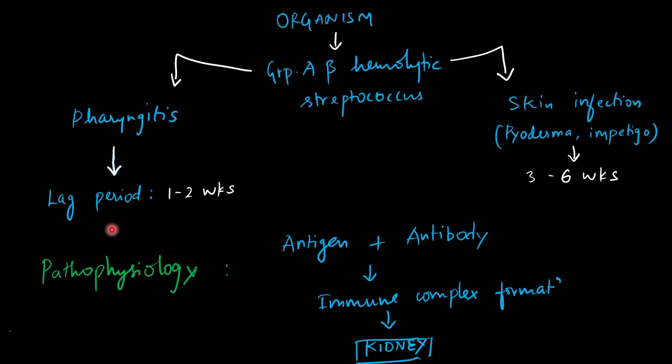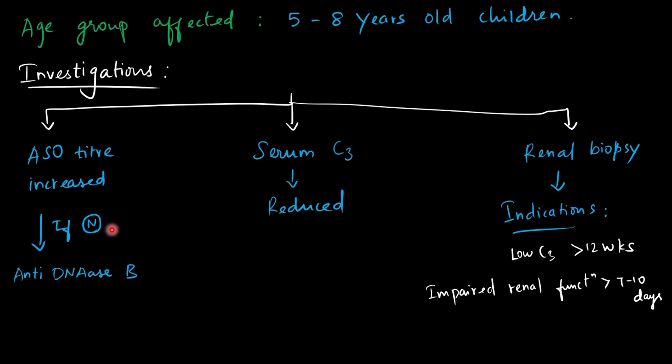That is going to present as glomerulonephritis. And since it is happening after the infection of streptococcus bacteria, it is called post-streptococcal glomerulonephritis. And the age group affected is generally 5 to 8 years old children. And these are the investigations we should do for diagnosing glomerulonephritis post-PSGN.